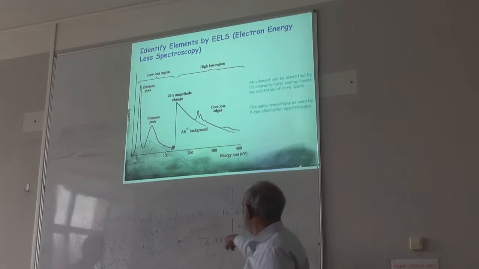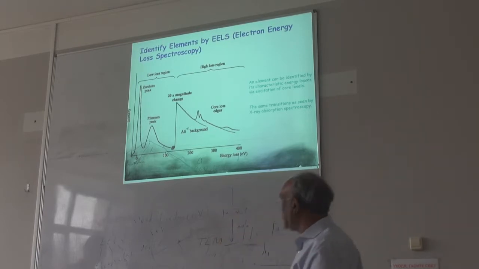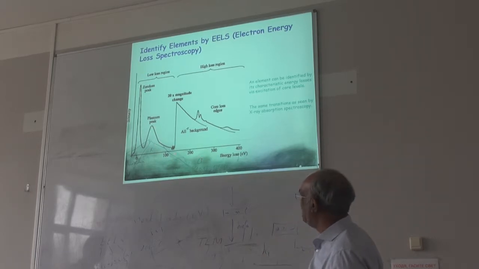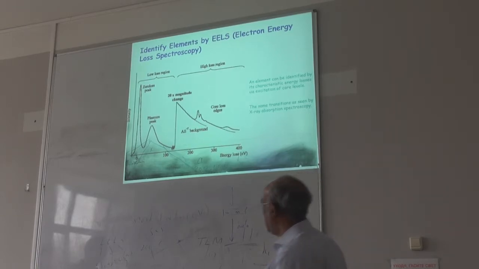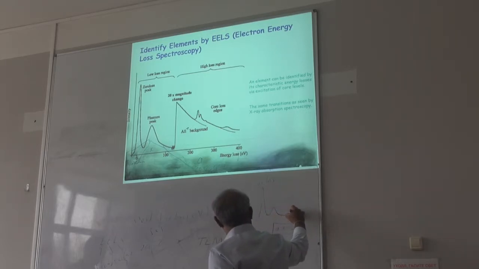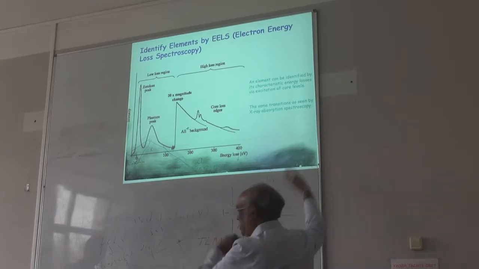The electrons can interact with those plasmons, and then you get this plasmon peak. Then it becomes very small, but these small features, if you enlarge them, show a lot of information. So the spectrum looks like this: this is the zero loss, then you have the plasmons, but this part, if you blow it up, will show a lot of these features.